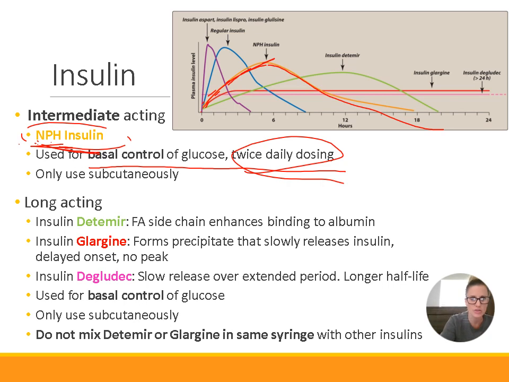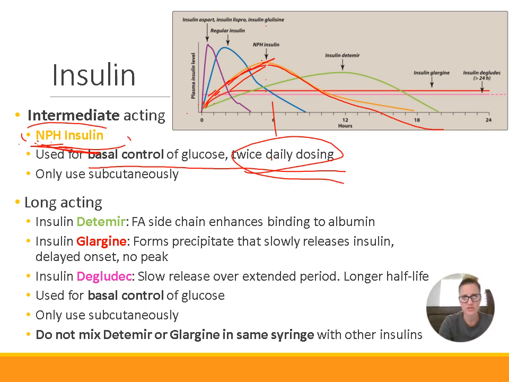Because it takes so long to start working, right? You can see like 4 hours before it peaks, but the slope here is not very steep. So we do not use it for emergencies. So NPH is not used for like DKA or anything like that. It's just twice a day for that basal control.